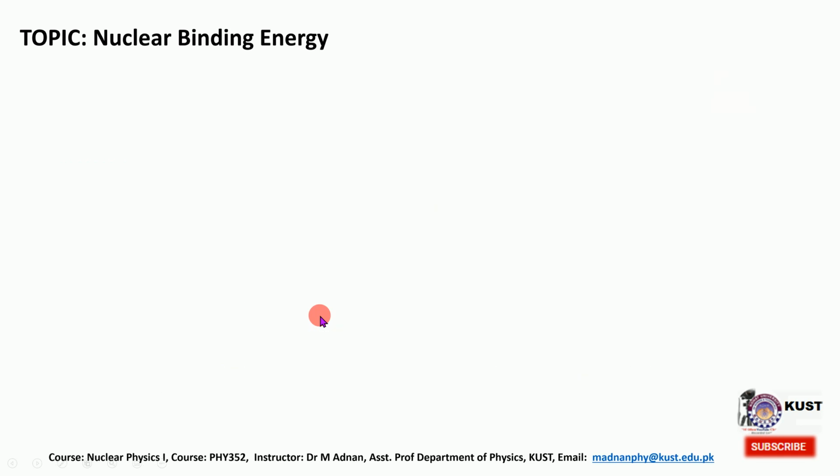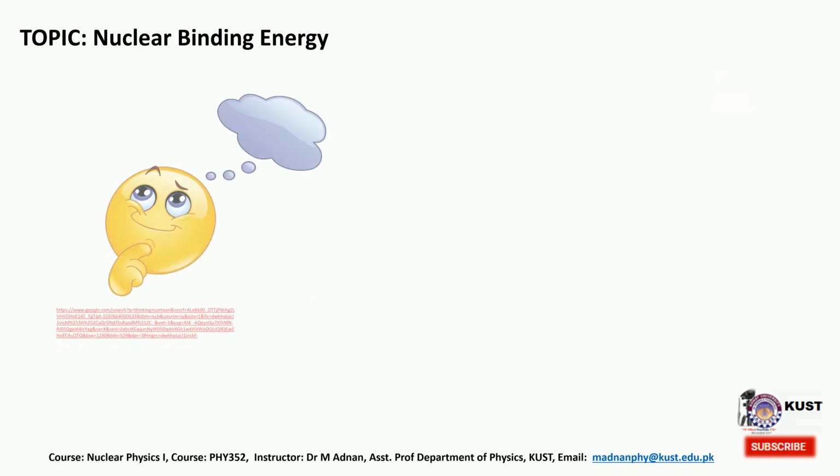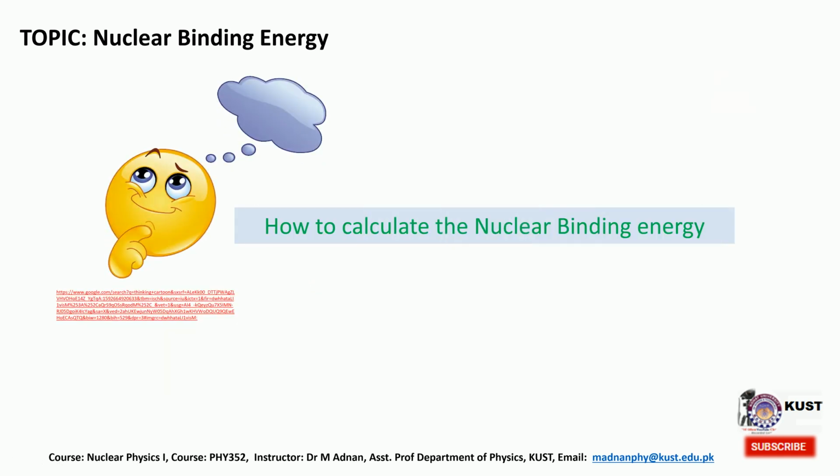So, the next thing that we need to think about is how to calculate the nuclear binding energy that arises from the missing mass.